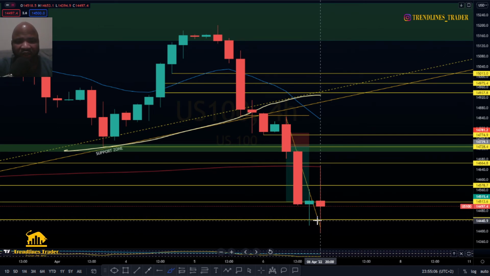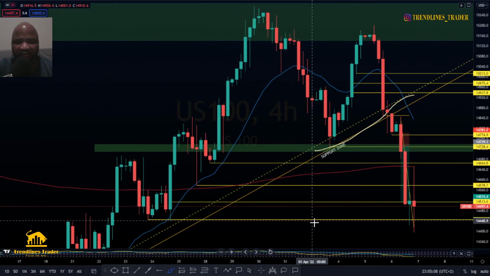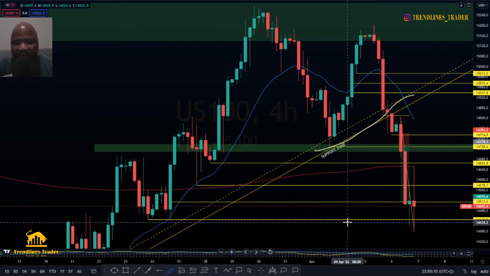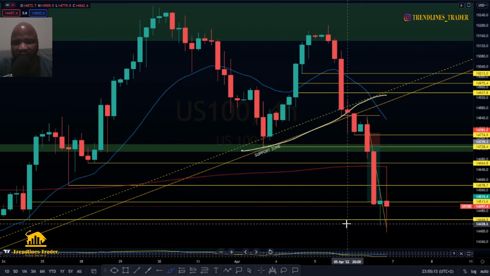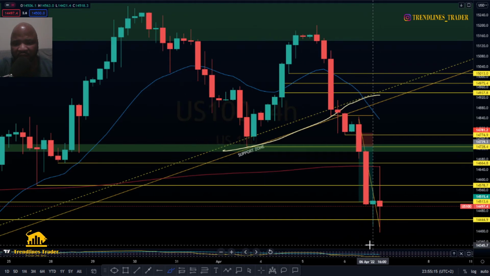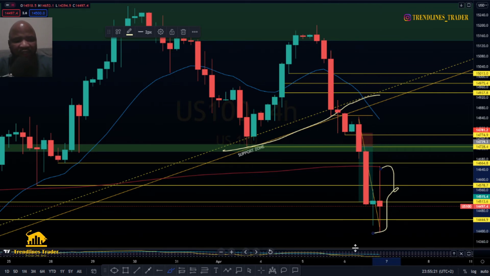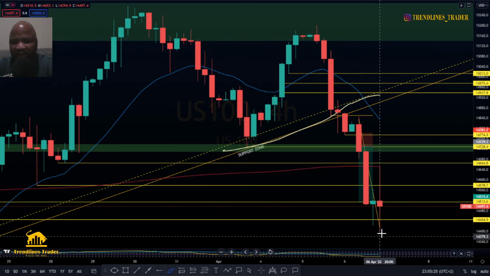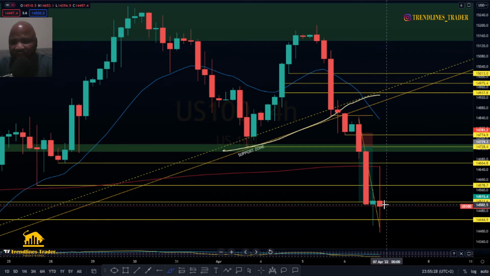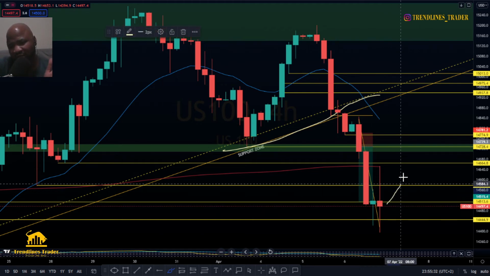So what do we see for the following day? Remember, we are on the 4-hourly time frame. Ladies and gentlemen, something that I want you to see is this candlestick right here. If you see this candlestick, it's indecision. The market is not clear whether it's going to push towards the upside or the downside.